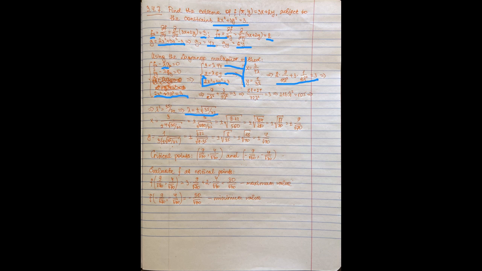The result for x is positive or negative 9 over square root of 70, and y is positive or negative 4 over square root of 70. So combining these x's and y's, I got two critical points. The first one is positive 9 over square root of 70, comma 4 over radical 70, and the second is the same numbers but negative values.